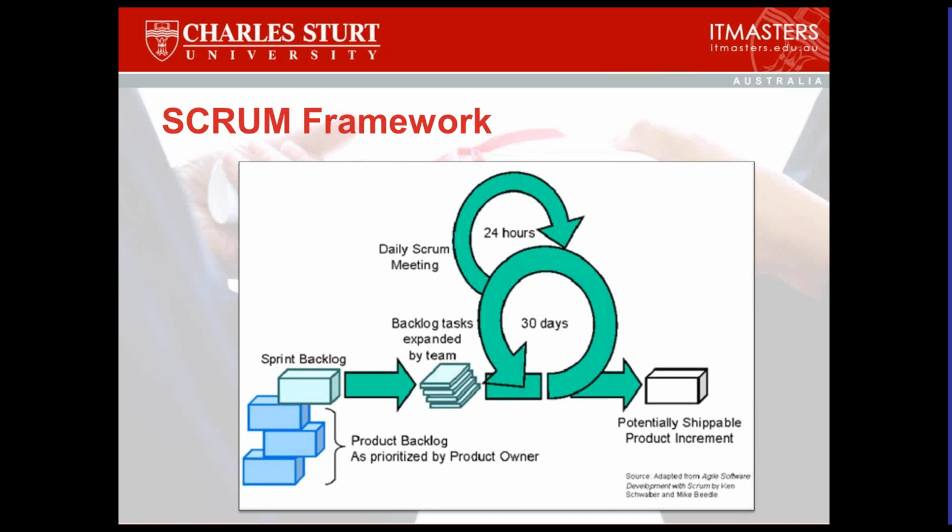We're going to stand up for a few minutes, perhaps 15, perhaps 20, maybe 30, and have a quick chat about what's going on. This is a very narrow perspective review that says what happened yesterday, what's going to happen today, and what are the obstacles to that. So we're reviewing what's going on in Scrum at every single opportunity.